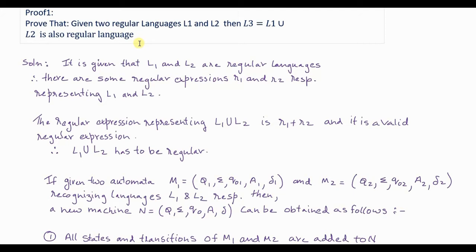Secondly, we are also going to prove that if capital M1 and capital M2 are the finite automatas for the languages L1 and L2, then there also exists a finite automata capital N, which is nothing but the union of these two languages. So we are going to show it in both ways.